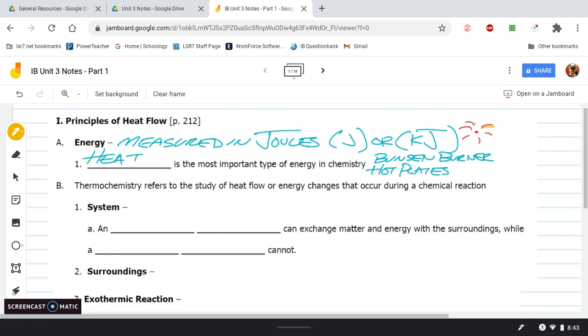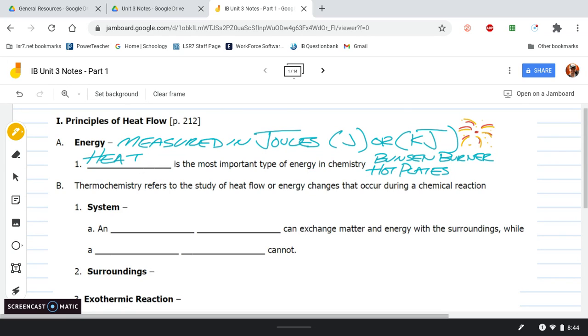Well, that is heat energy that is being released. Just think about the chemistry that you've done. A lot of times things are going to heat up when you put things together. When you have a reaction, it heats up. So a lot of what we do, we're already associating with heat.